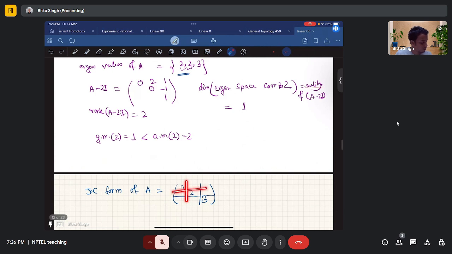If we separate it into two different blocks, then the number of Jordan blocks corresponding to 2 would be 2. Therefore this must be a single Jordan block, since the number of Jordan blocks corresponding to eigenvalue lambda is the same as the geometric multiplicity of lambda.